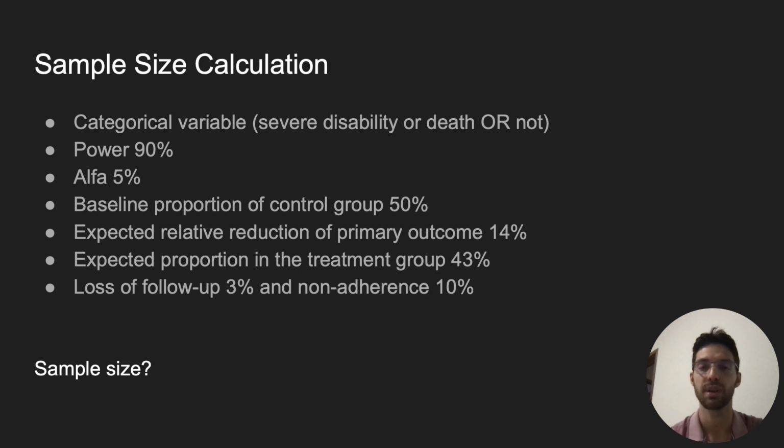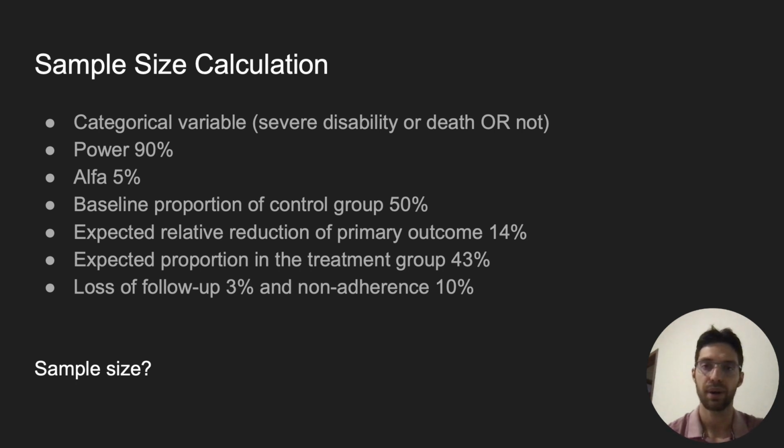So sometimes one has to go into the literature and look for similar studies in order to get some information like that. One also needs to know the power of the study and the amount of type 1 error that you will allow. That is often 5%, sometimes 1%, but mostly 5%. So this study reported a power of 90% and an alpha of 5%.